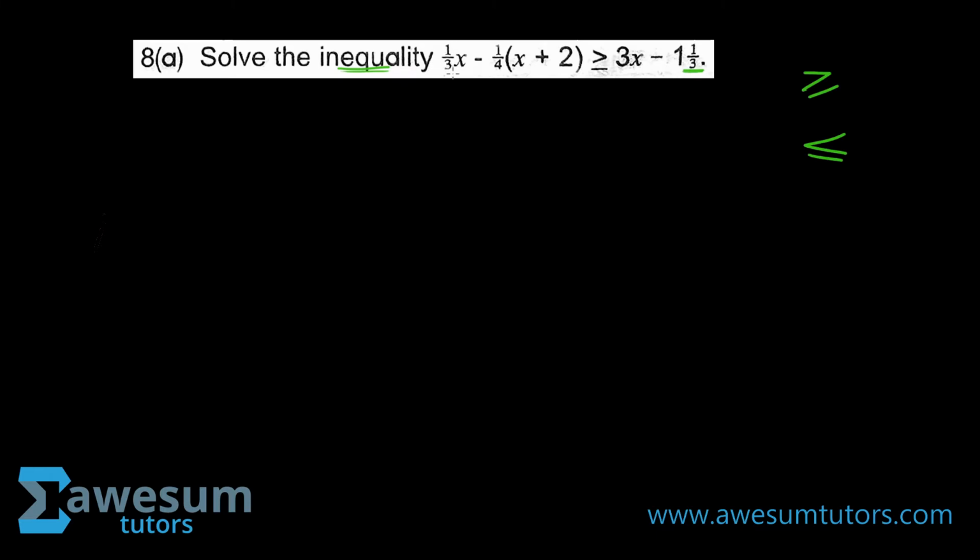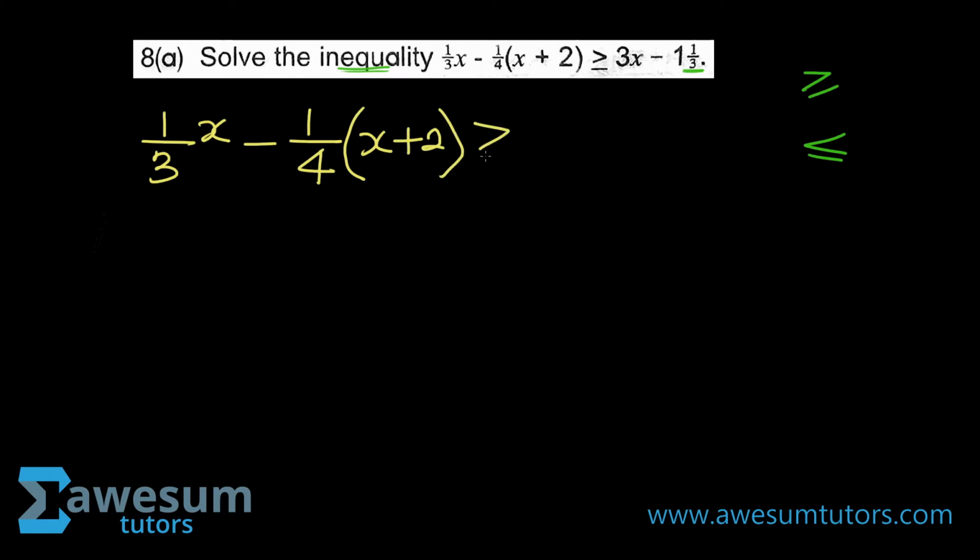So I'm going to have 1 over 3x minus 1 over 4 bracket x plus 2 greater than or equal to 3x minus, now let us convert this mixed fraction to an improper fraction.